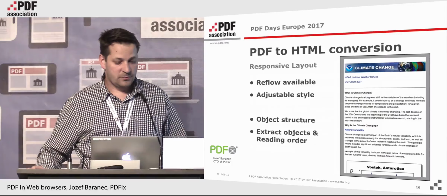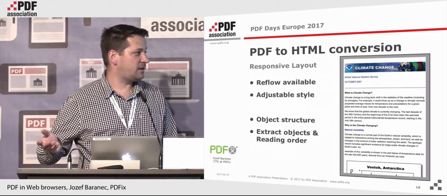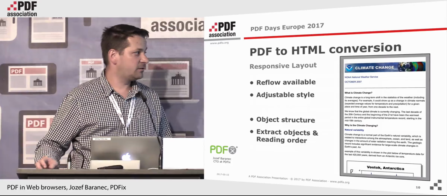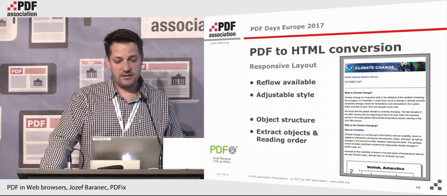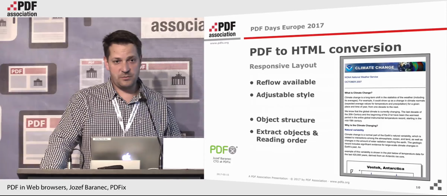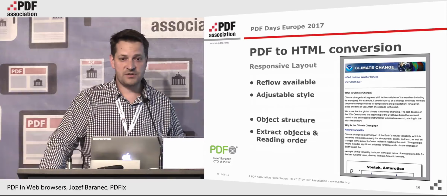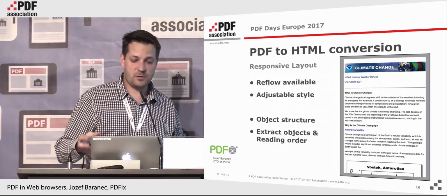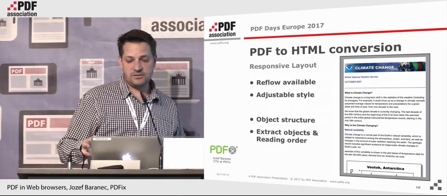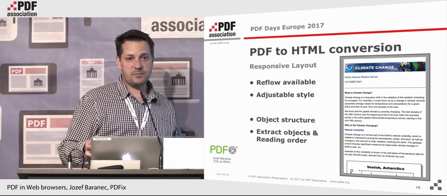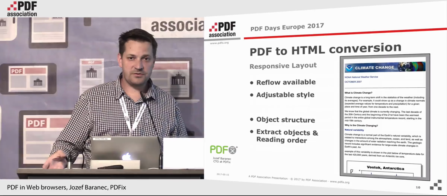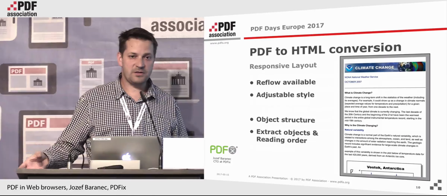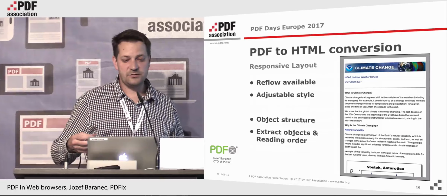The responsive layout, as I will call it, is something that will reflow the content. And as I said, the object structure is required to understand this, so the browsers will display the content properly and in logical order. It means elements or objects which should stay together even when they are provided in the responsive version.